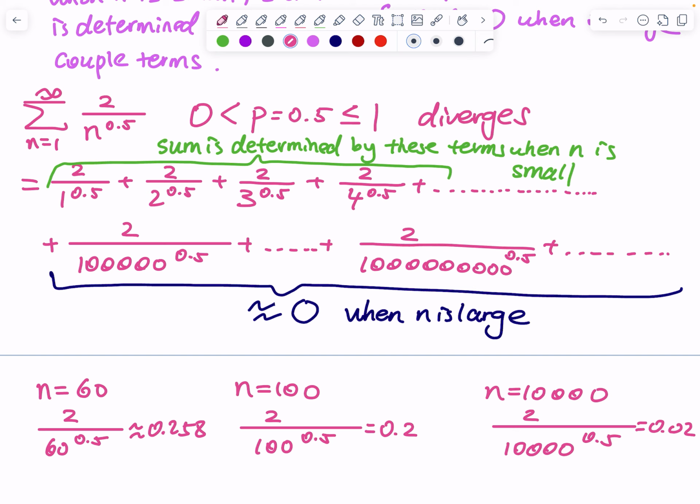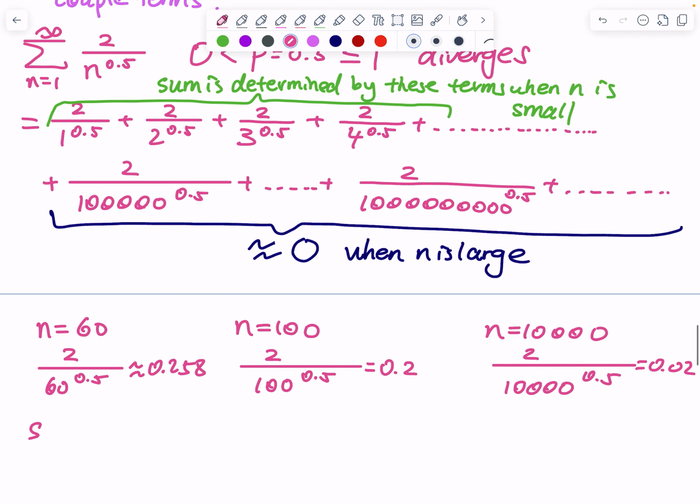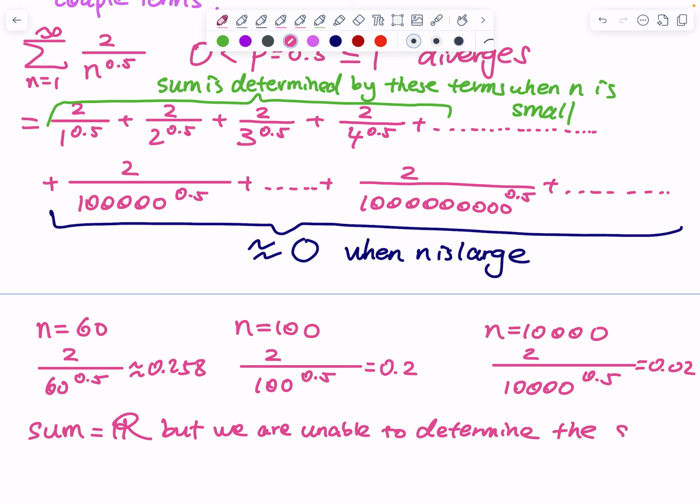What happened in here? When the sum gets pretty big, like 10,000, that does not mean the sum equals a real number. Yes, we are adding up a bunch of these small values, but we are unable to determine the sum.